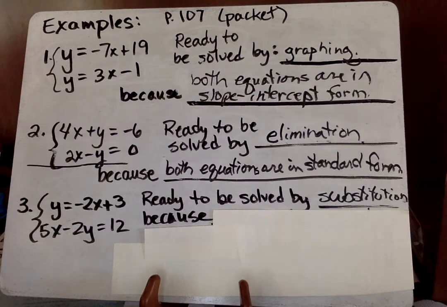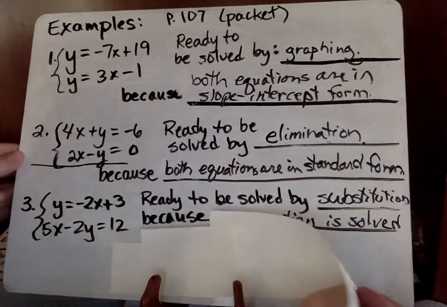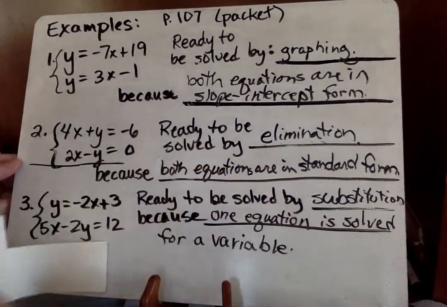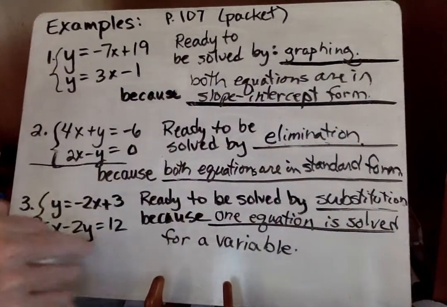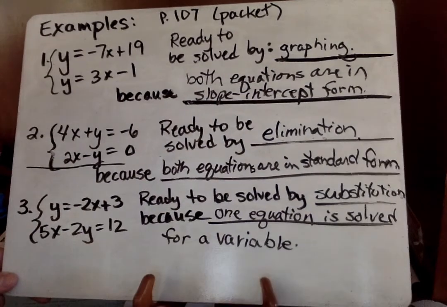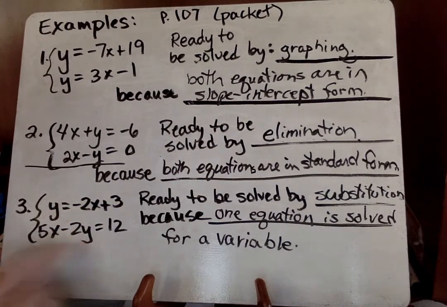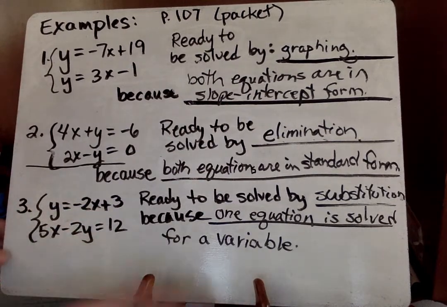Because one equation is solved for a variable. Notice that y equals negative 2x plus 3. It's already solved for y, and one is not. So it's easy to substitute all of this negative 2x plus 3 in for that y right there. And then you solve for x after that.